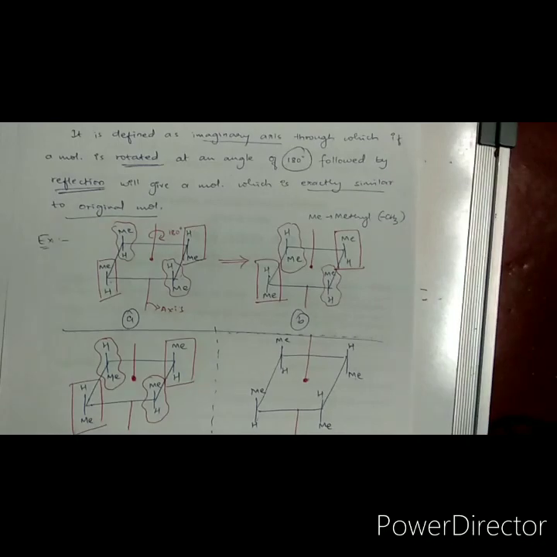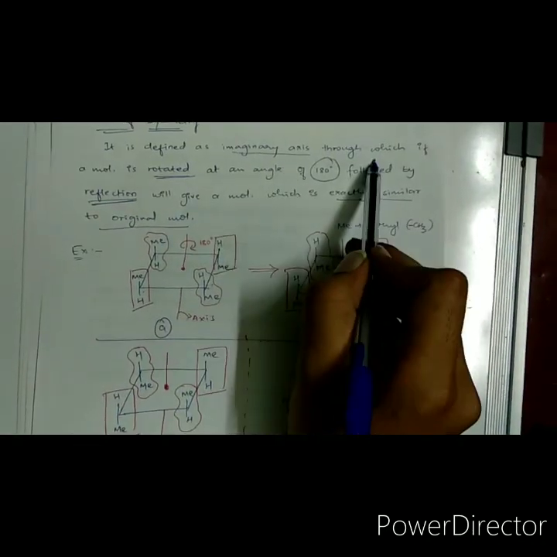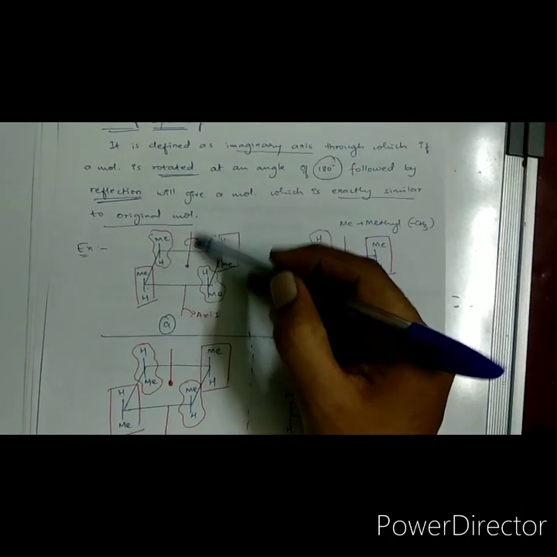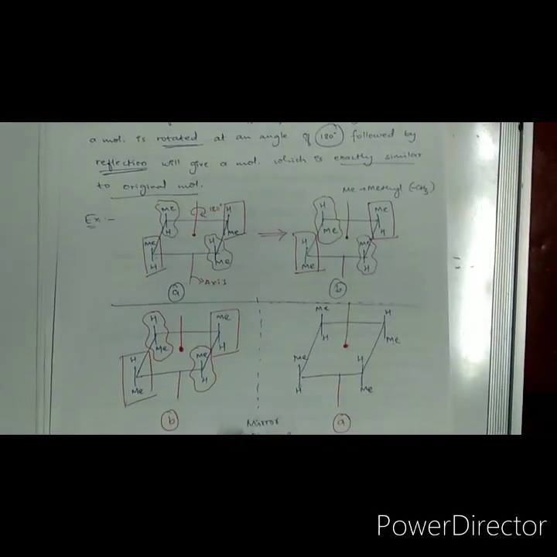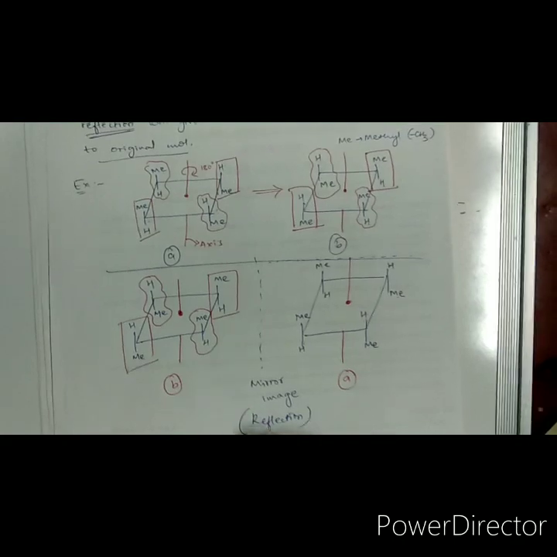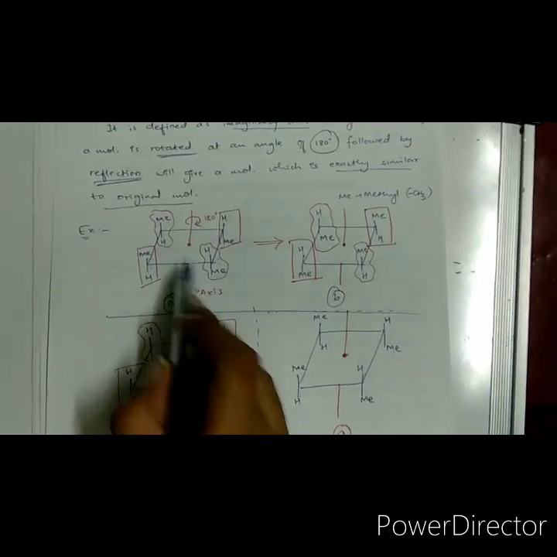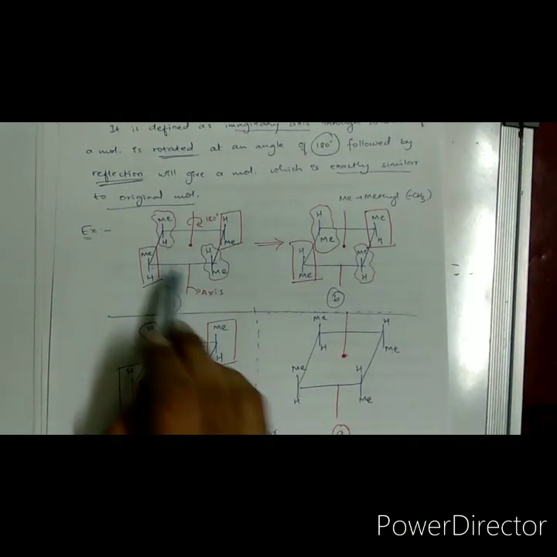This is known as center of symmetry. And axis of symmetry is an imaginary axis through which a molecule rotated by 180 degree followed by its reflection, produces the exactly similar molecule as the original one.